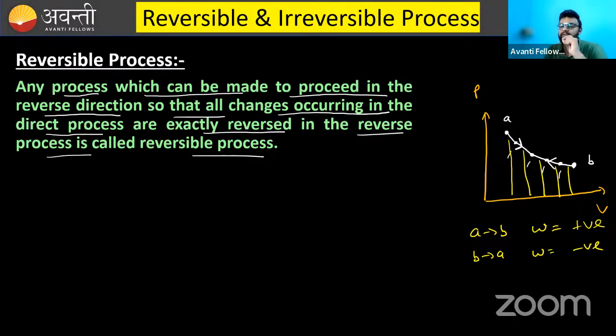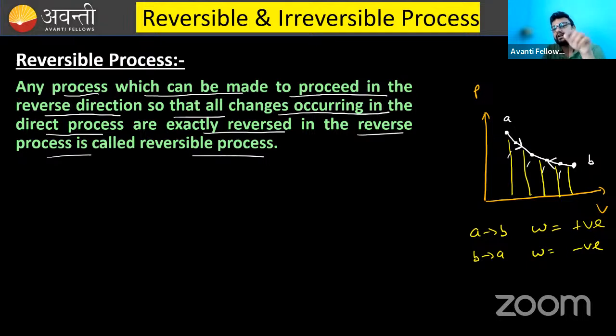There is no loss of energy, or you can say there is no dissipative force. What I mean by dissipative forces are friction force, viscous force, electrical resistance; these are all dissipative forces. These dissipative forces must be absent.